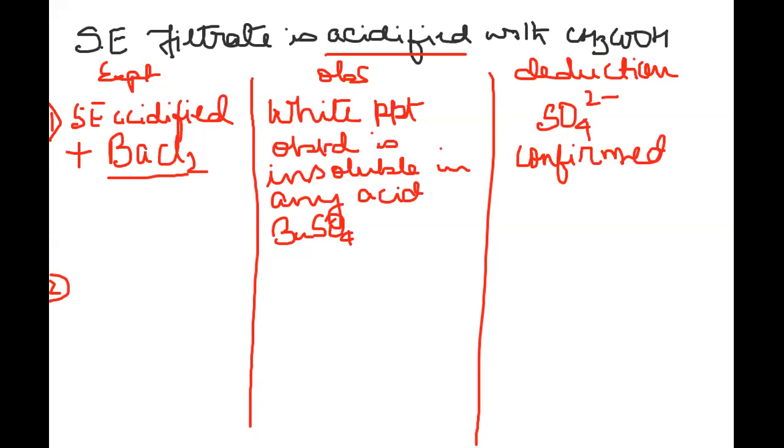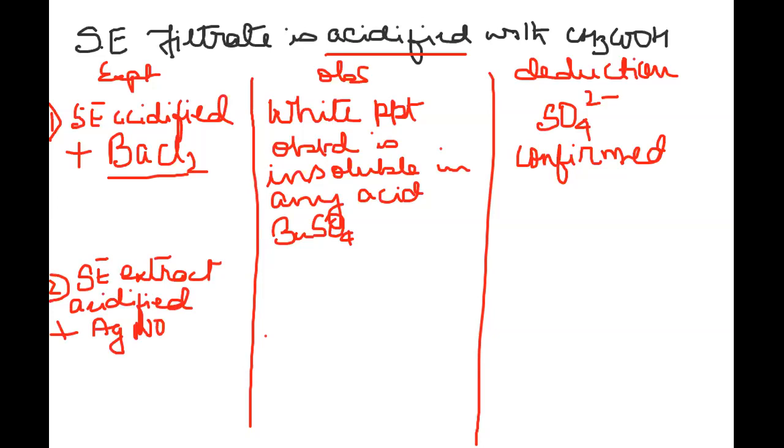Here I will take the acidified sodium carbonate extract, soda extract. Because on the top you have already written acidified, even if you don't write it again it is okay. To this I'm going to add AgNO3 solution. What do you think is expected? A white precipitate.